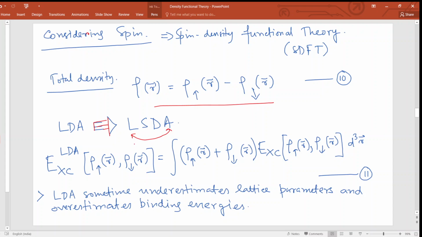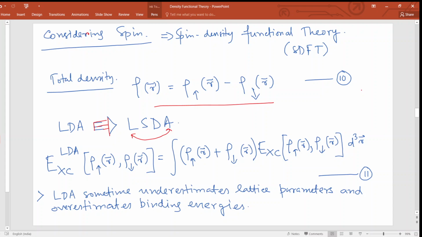It works quite well, but it has the disadvantage that sometimes it underestimates the lattice parameters and overestimates the binding energy. Lattice parameters are the a, b, c, the dimensions of a unit cell in the three crystallographic directions.